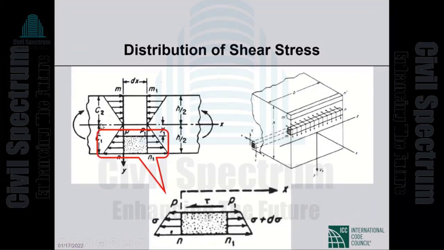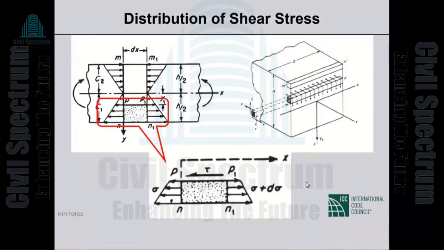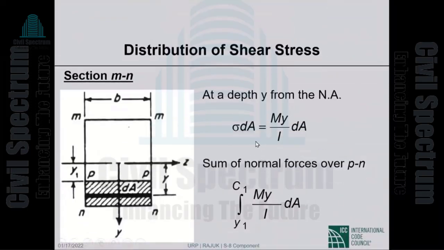That is c2 from the neutral axis to the top. So the sum of the normal forces over Pn, this hatched portion, is the integration from y1 to c1 of My over I dA, this expression.